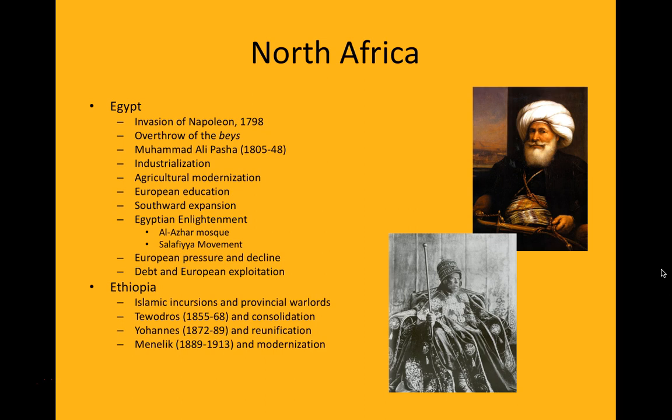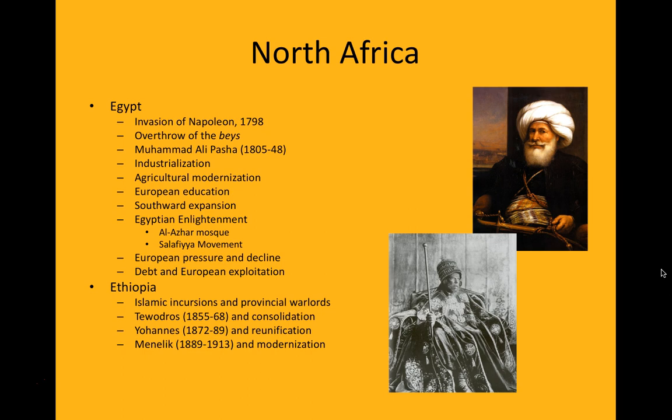Another example, and this isn't North Africa per se, since Ethiopia is kind of its own thing. But Ethiopia also sees a sort of resurgence in the 19th century of its former glories.